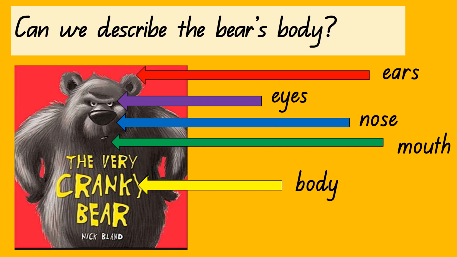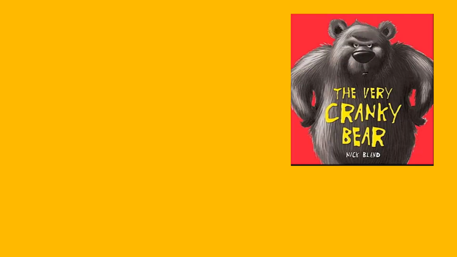Just like most of the other animals out there, so I don't know if he's got ears, eyes, nose and a mouth and a body. He could be a giraffe. He could be a tiger. We know from reading The Very Cranky Bear that he is a bear.